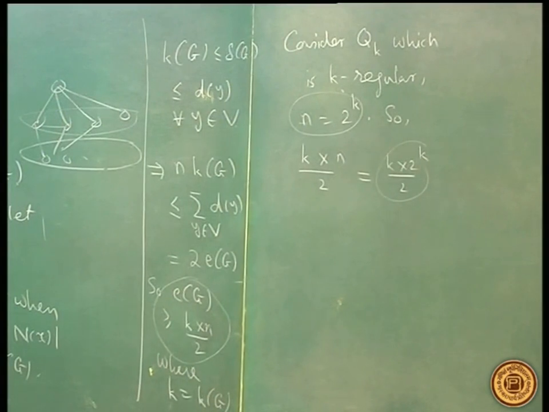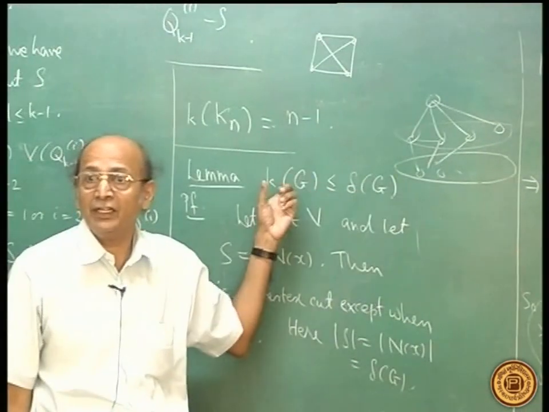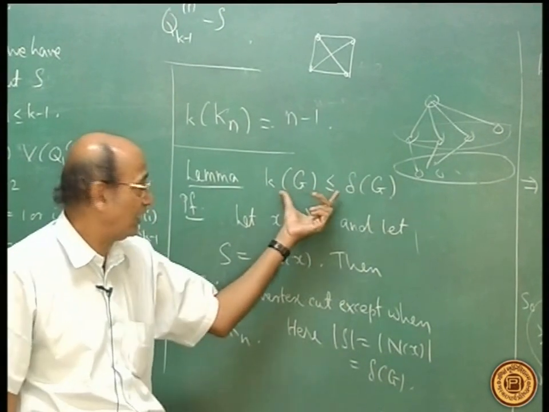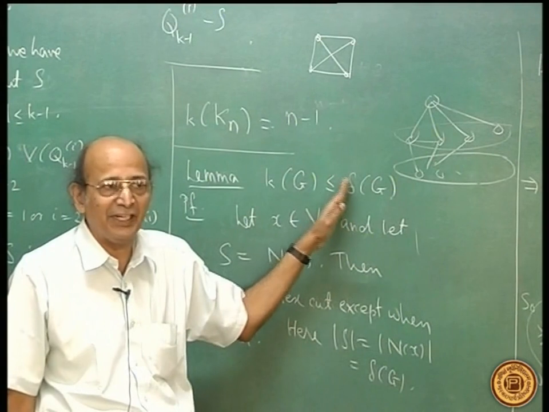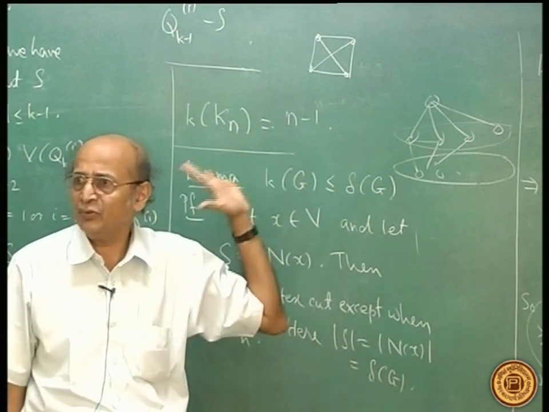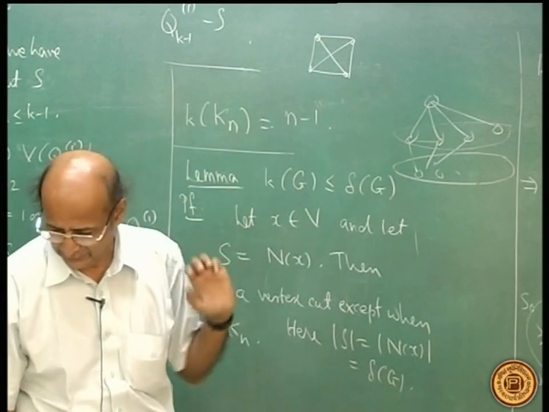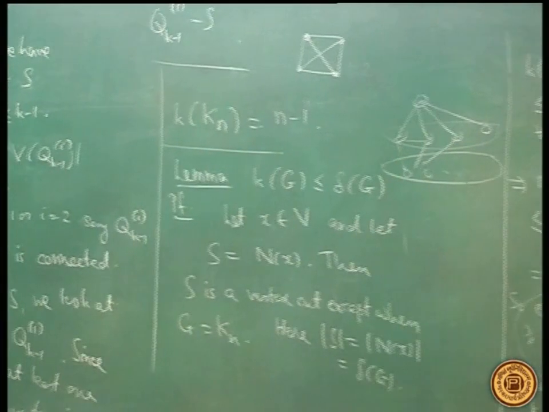A k regular graph cannot be expected to have connectivity greater than k. Connectivity of a graph is at most the minimum degree.